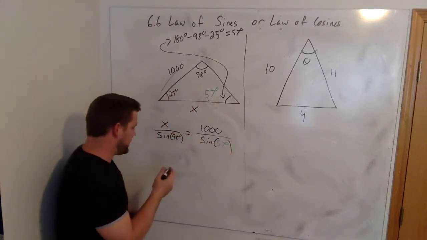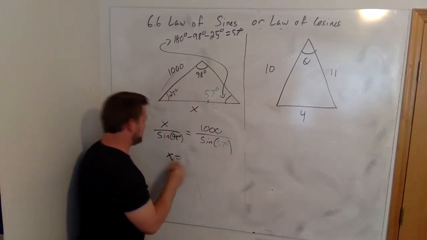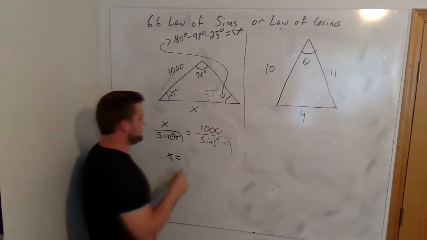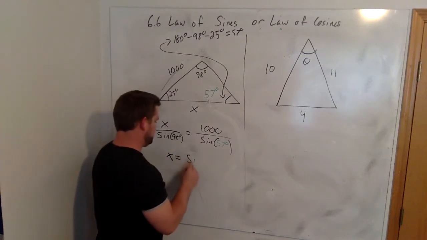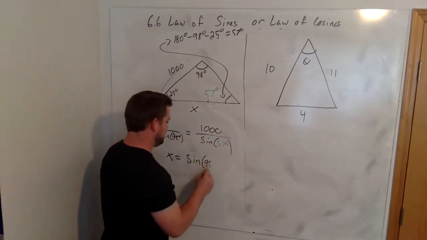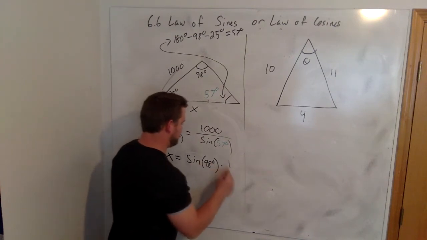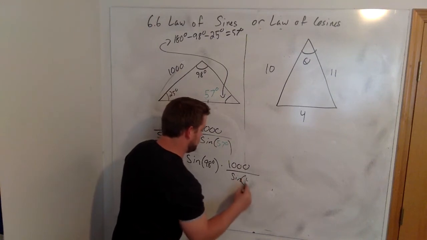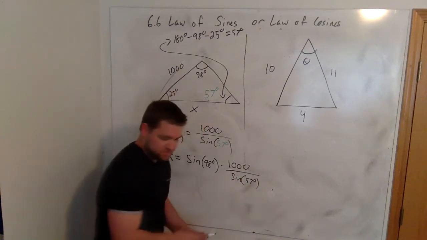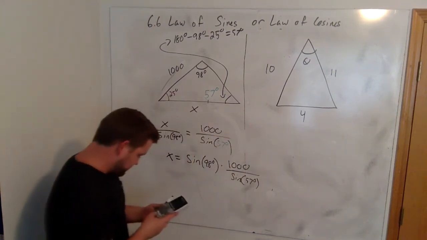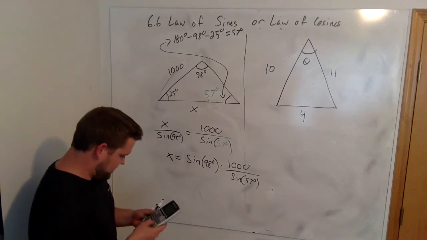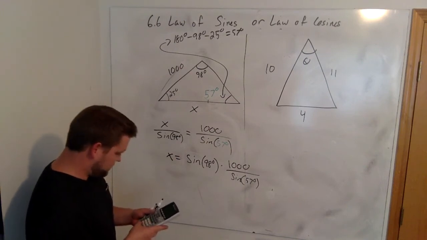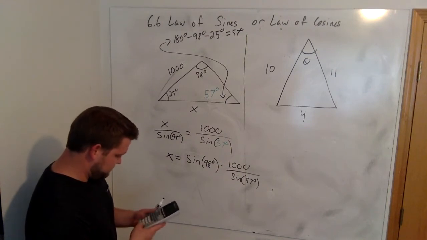57 degrees. So for x, I'm going to multiply both sides by the sine of 98 degrees. X is going to be the sine of 98 degrees times 1,000 all over the sine of 57 degrees. So let's see what we get. So the sine of 98 times 1,000 divided by the sine of 57.